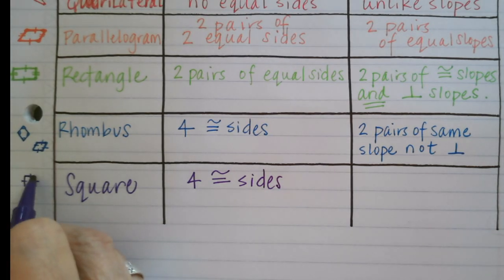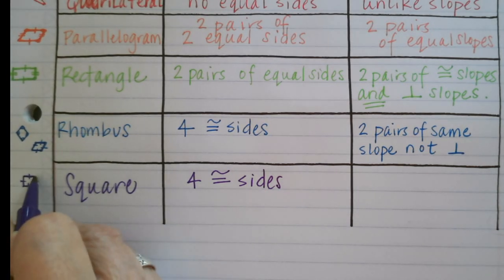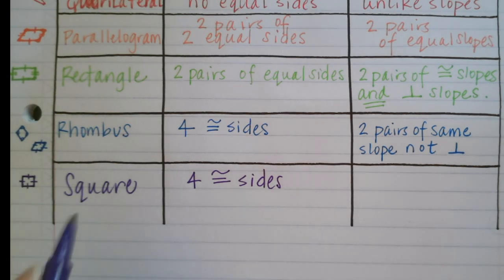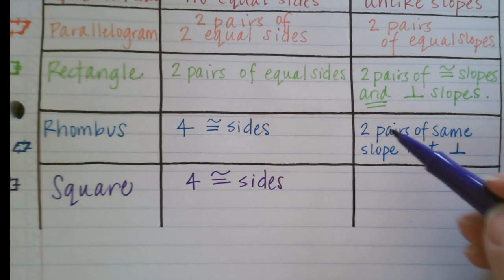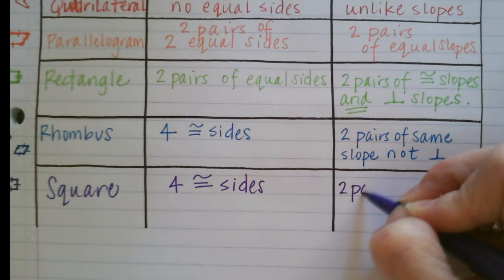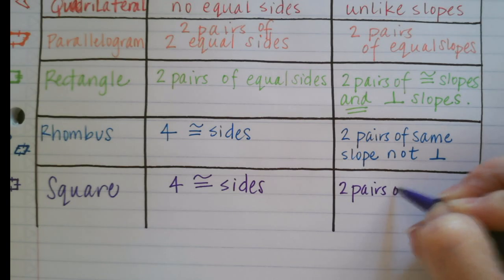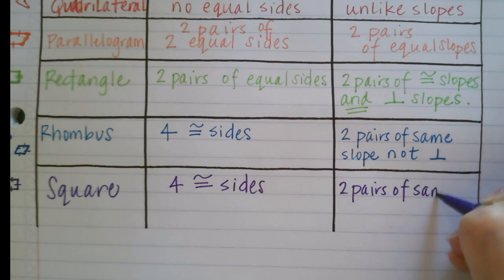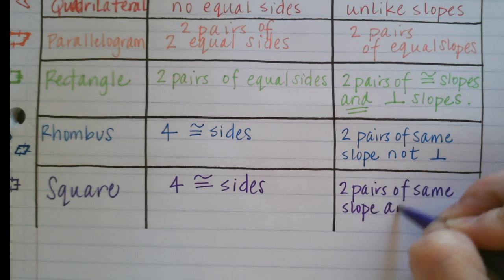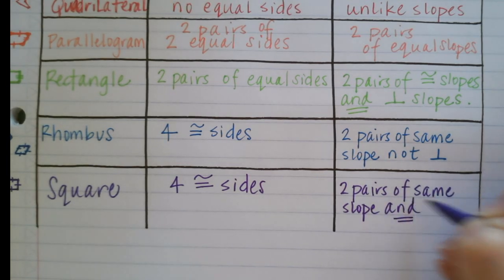We know that the top is going to be parallel to the bottom and the right is going to be parallel to the left, but they're also going to be perpendicular. So it's the same as the rectangle. So we need 2 pairs of same slope, and again, they need to be perpendicular on a square.